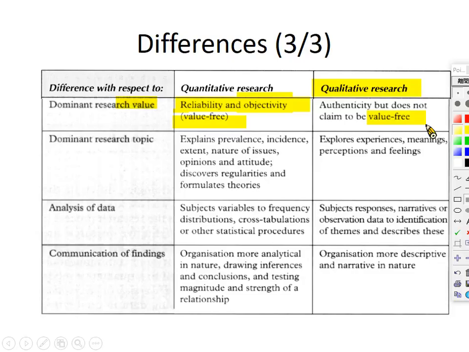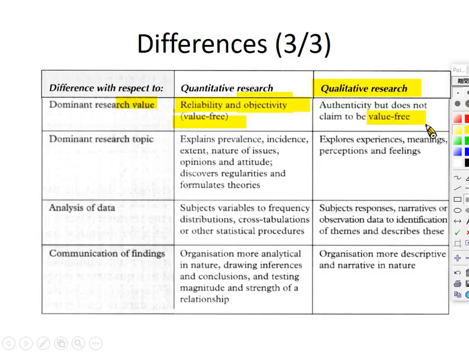We will contaminate the pattern of interactions between the interviewees. So we are there all the time, exercising a lot of influence on the research. So how can we remain value-free? No way, right? Since there is no way, we do not say we are value-free in qualitative research.